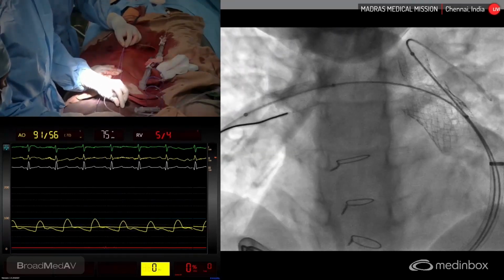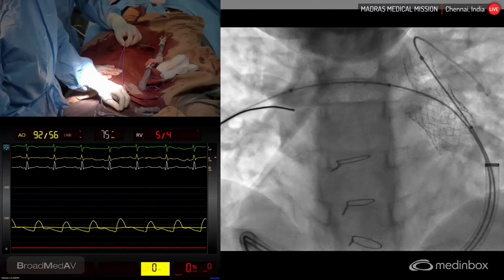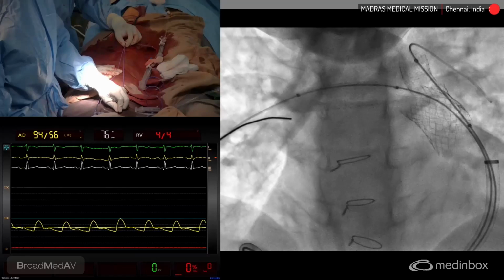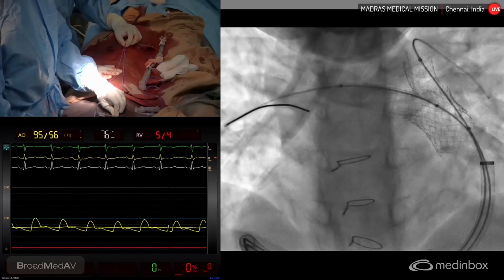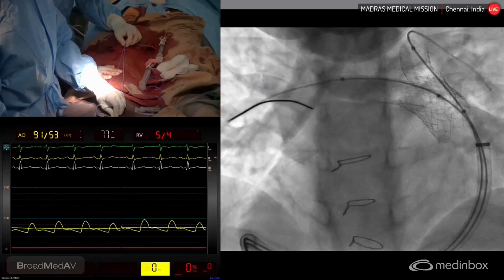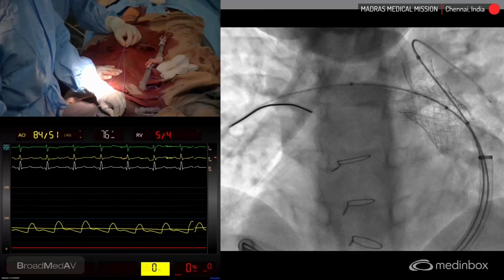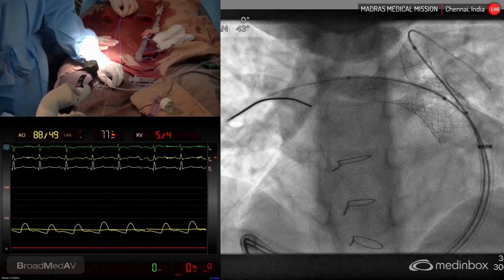I'll try to bring it back into the RPA origin. Bringing it back into the RPA origin. So this is now, okay.